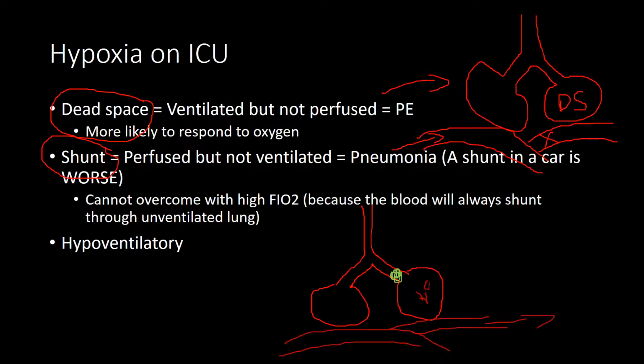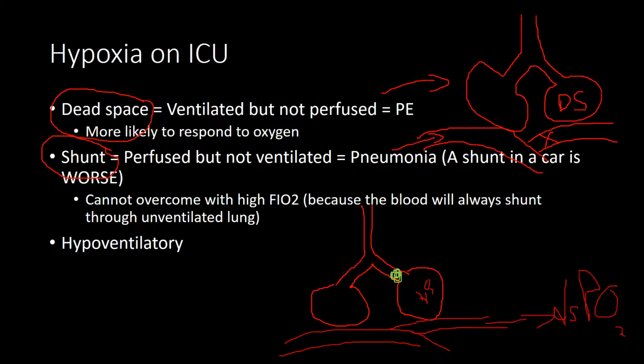No oxygen. So this causes very much drop in saturation. So this is called shunt because the blood is rushing past. So it can be worse. This dead space is more likely to be corrected by oxygen. And then there's hypoventilation hypoxia.